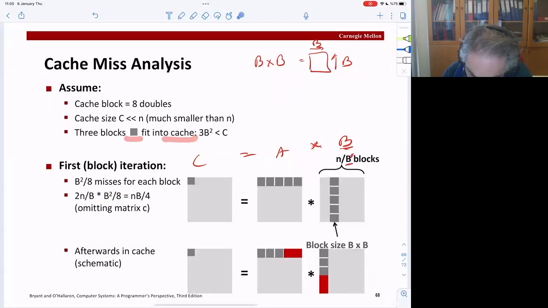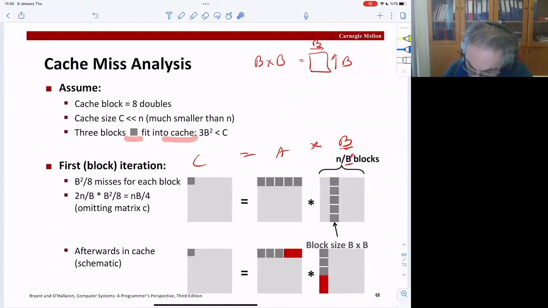As a result, if I'm neglecting matrix C, I will have nb over 4 misses to compute basically the C block here. And at the end of the first iteration, some amount of this A and this portion from B will be left in the main memory.